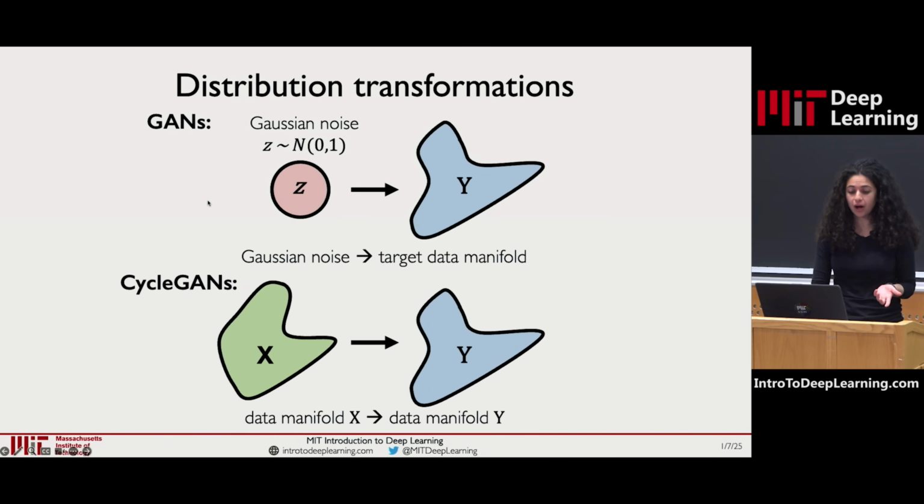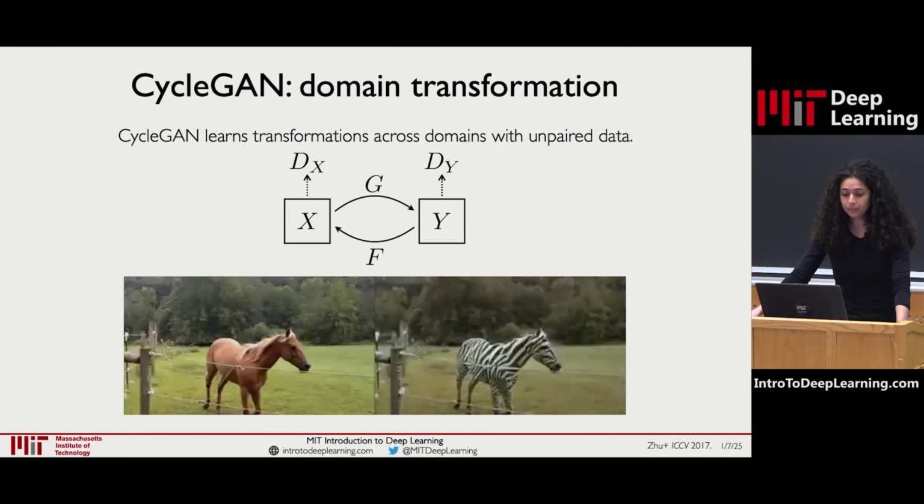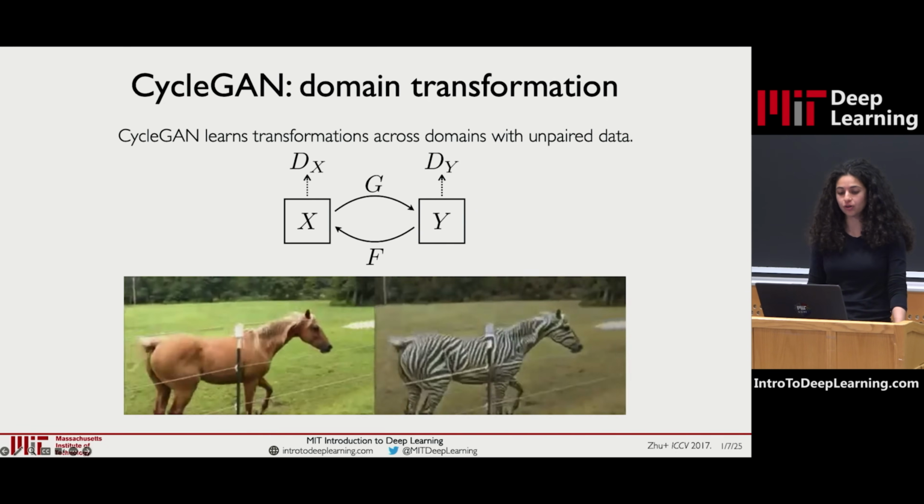Instead of starting from Gaussian noise and moving to a target data manifold, we can consider one data manifold and try to learn a mapping that takes us to another data manifold. This is really cool because it leads to some clear capabilities in things like style transformation. So in images, for example, we can do completely unpaired translation of images from one style to another using this architecture called a cycle GAN.